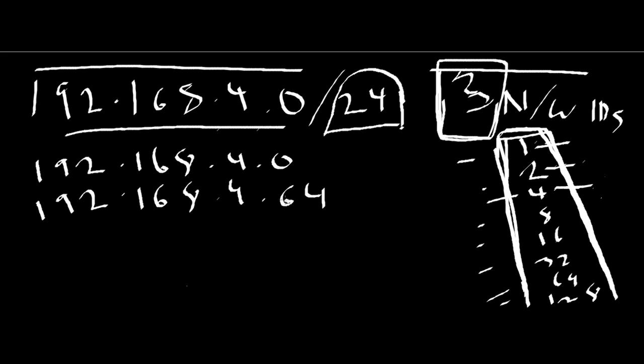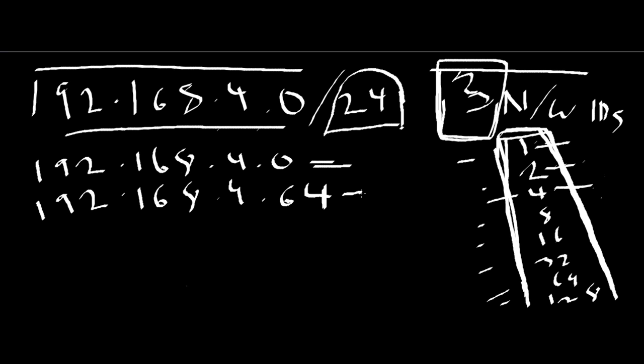So in solving for your first network, what do you think will be the broadcast ID? Now, the broadcast ID is equal to this 64, the last number in your next network, minus 1.